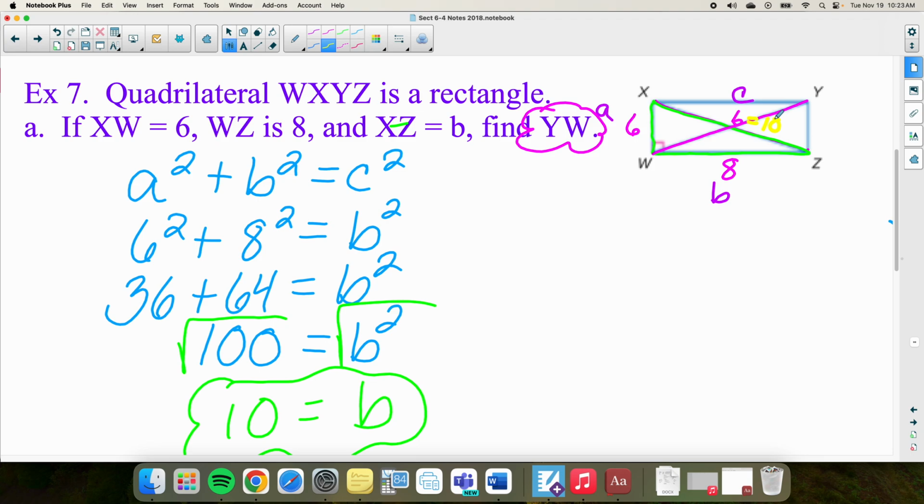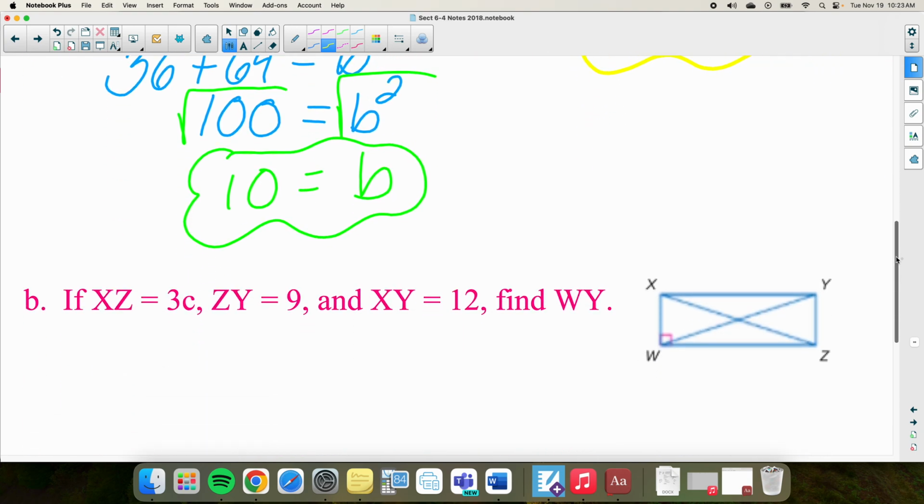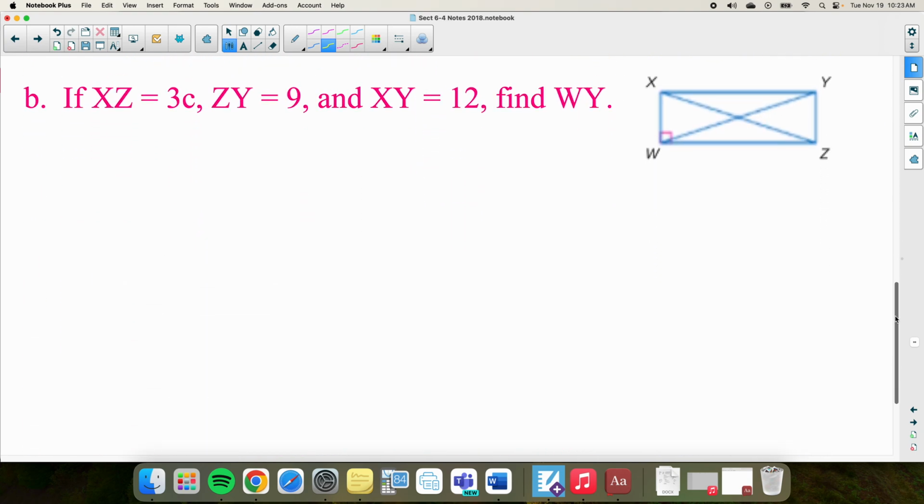They're congruent. So if this is 10, what's this? 10. So YW is 10, that is our answer. So there's a bunch of rules that you have to just keep in mind, but you have that cheat sheet that you can use that has them on there. One more and then we'll be done.